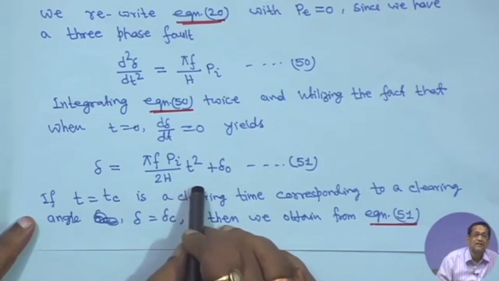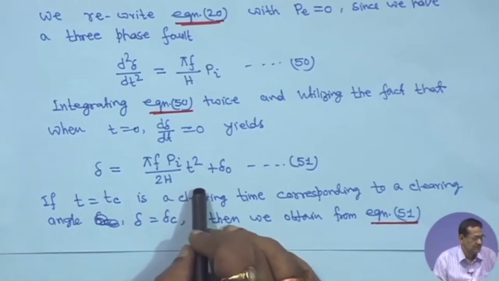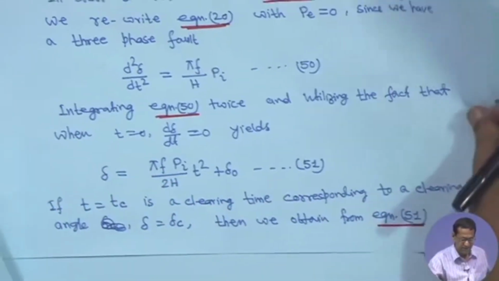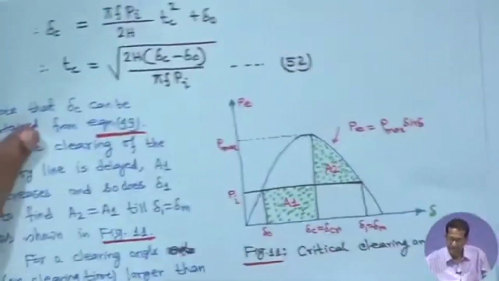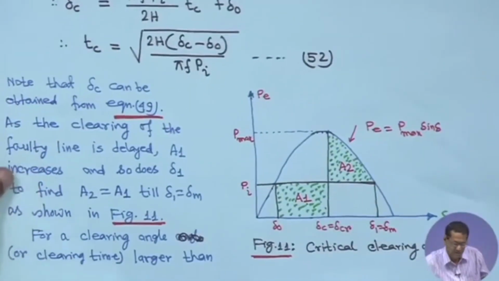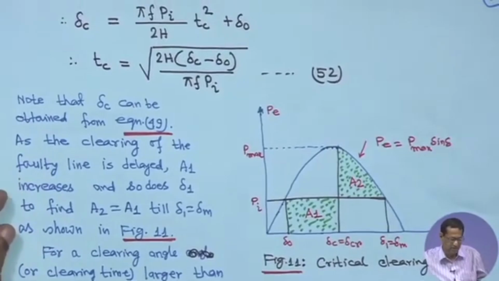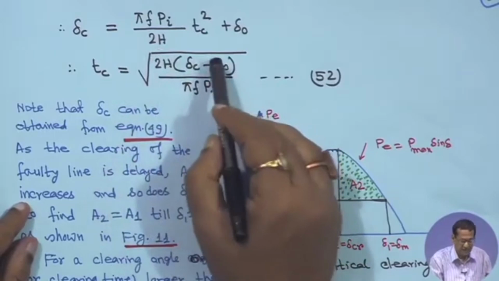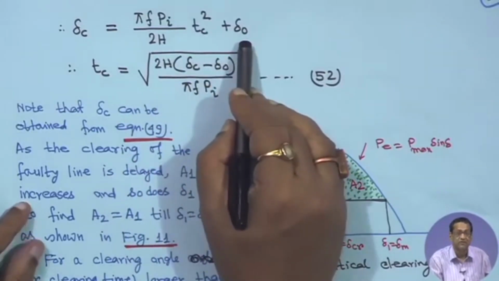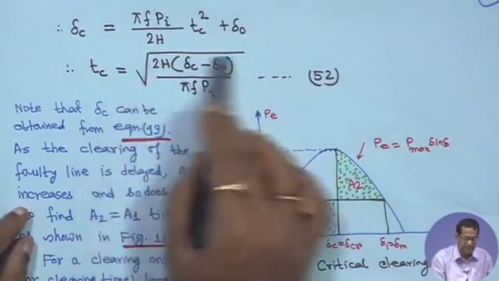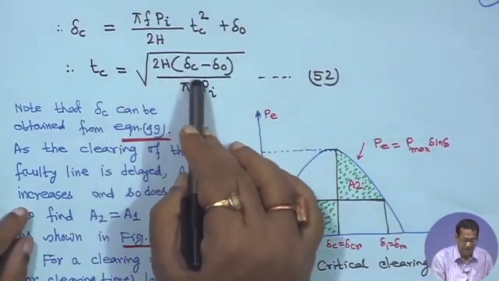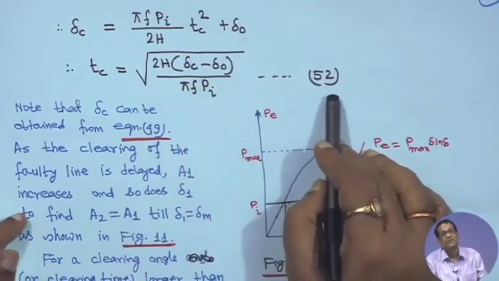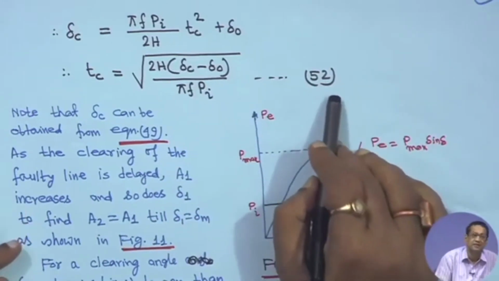So delta c is equal to pi f P I upon 2 h, then T c square plus delta 0. From this equation, T c is equal to square root of 2 h into delta c minus delta 0 divided by pi f P I. This is equation 52. This is the clearing time.